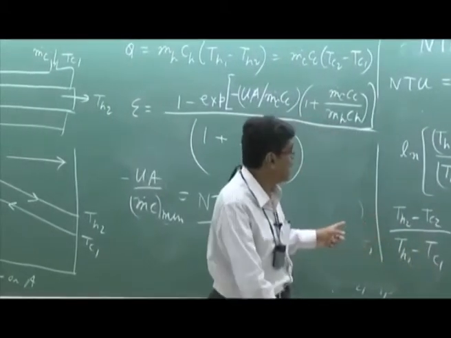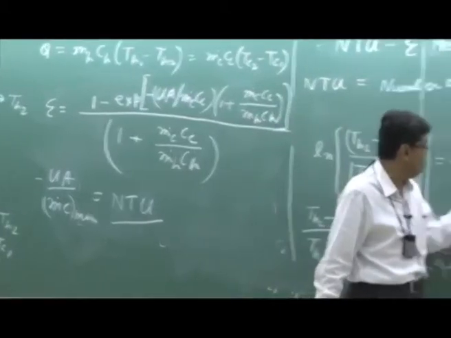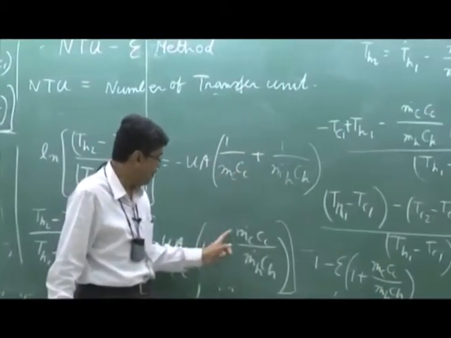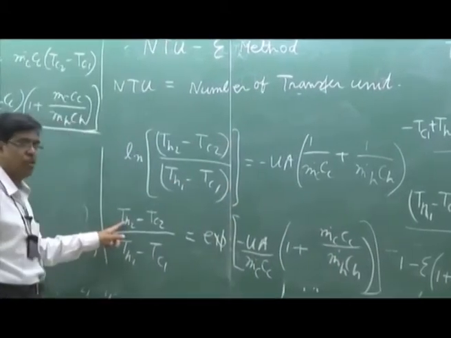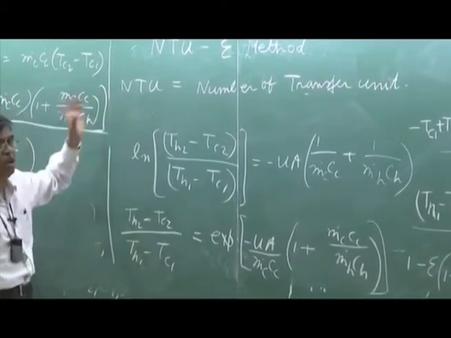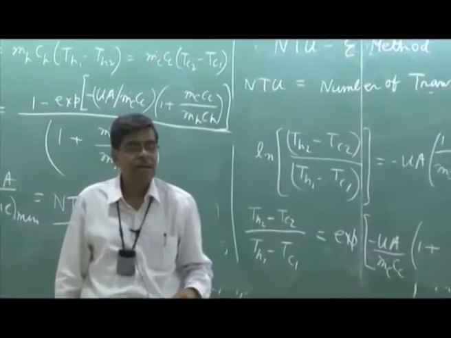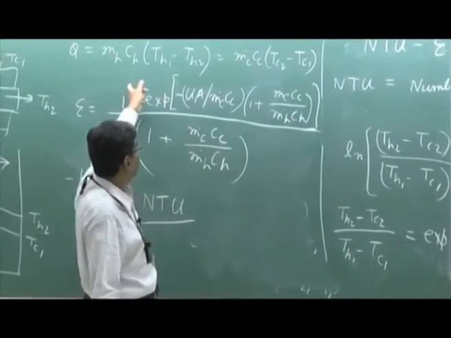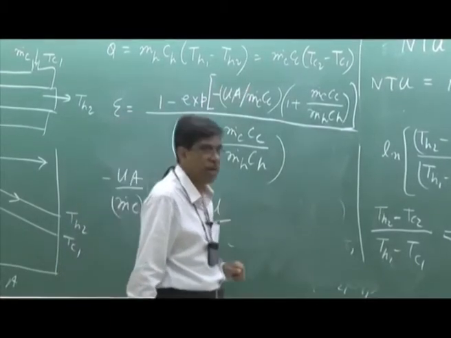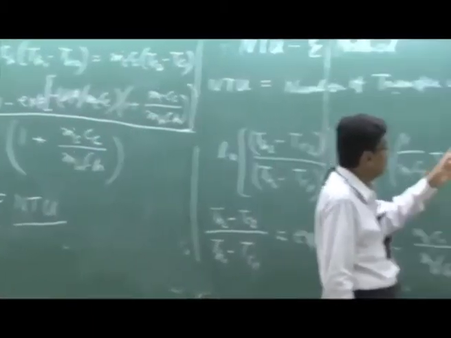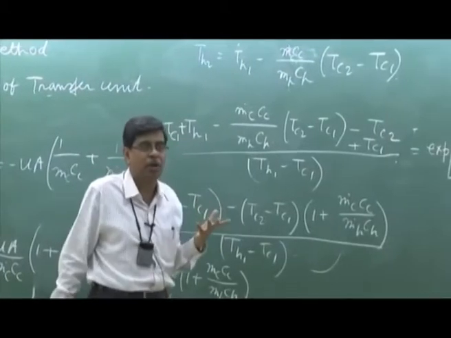Here we will take m dot HCH as common. Then it will be 1 plus m dot HCH by m dot CCC. Here TH2 will remain as it is. TC2 will be replaced in terms of other temperatures from here: TH2, TH1 and TC1. And after that I will add and subtract TH1.